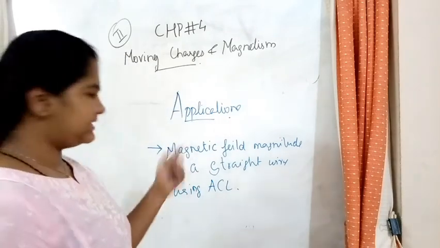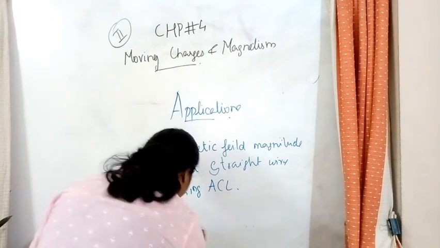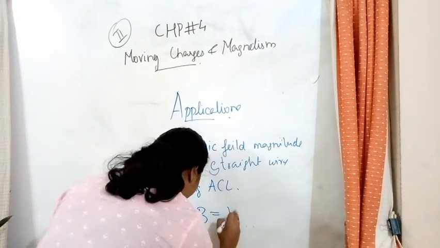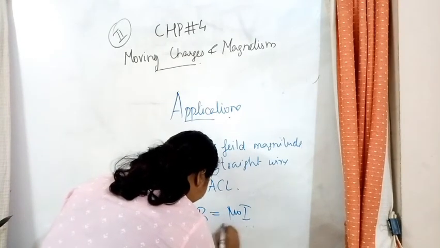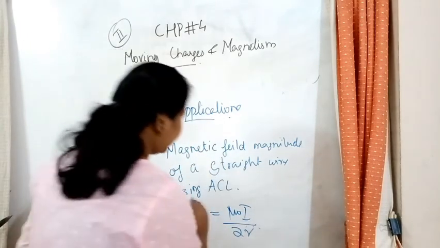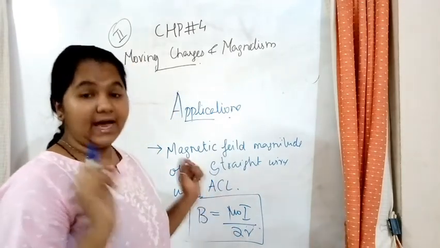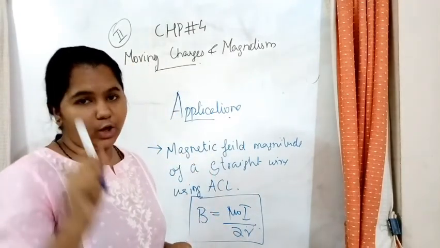So this is the first application, and the equation for this application is B is equal to mu 0 I divided by 2 pi r. Actually, this equation is also an application of Biot-Savart's law.